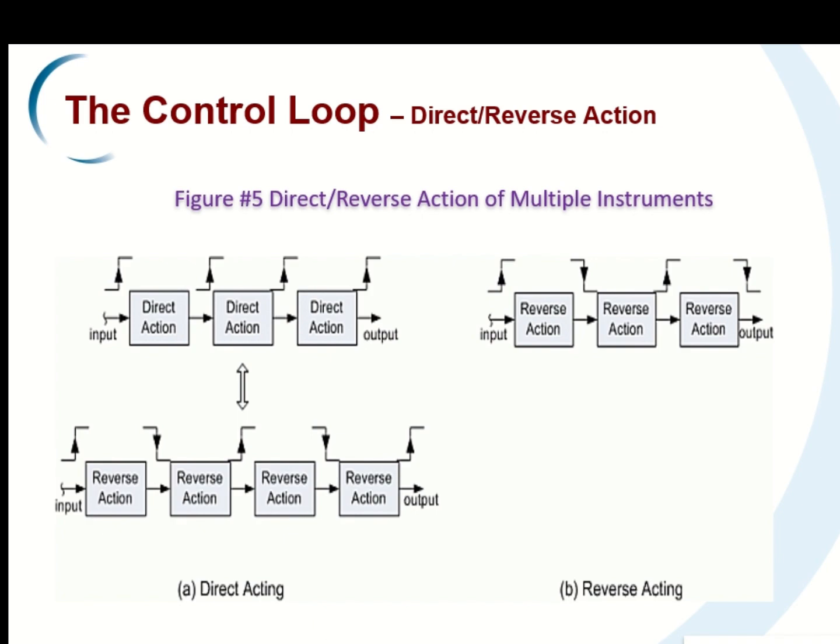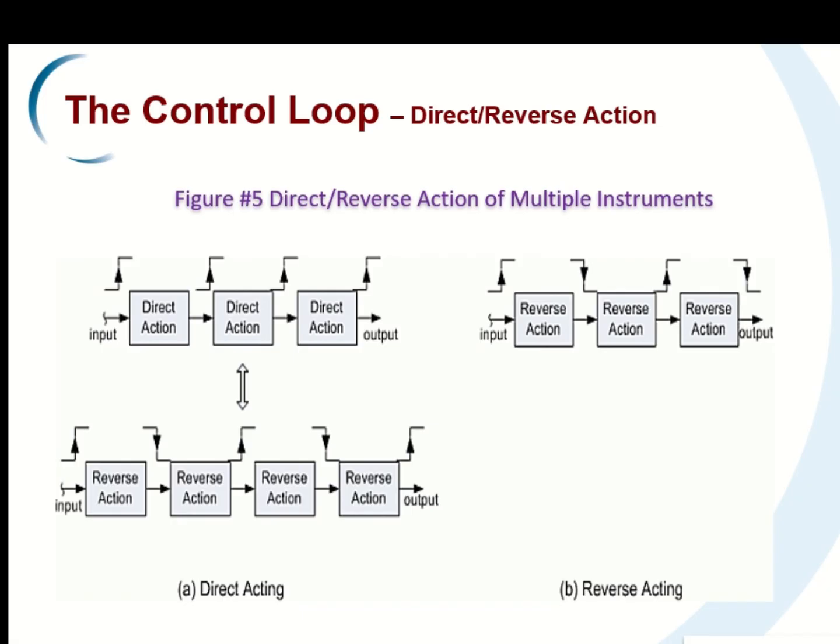So instruments connected together in series will produce an overall action of direct or reverse, depending on the action of the individual instruments and the number of instruments connected together. So this is all shown in figure 5.